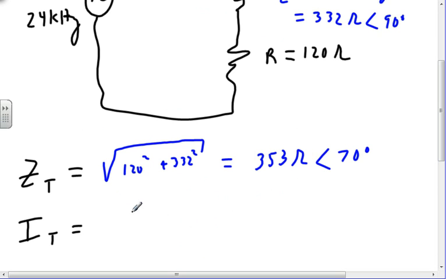Now, total current is going to be the voltage divided by the impedance.